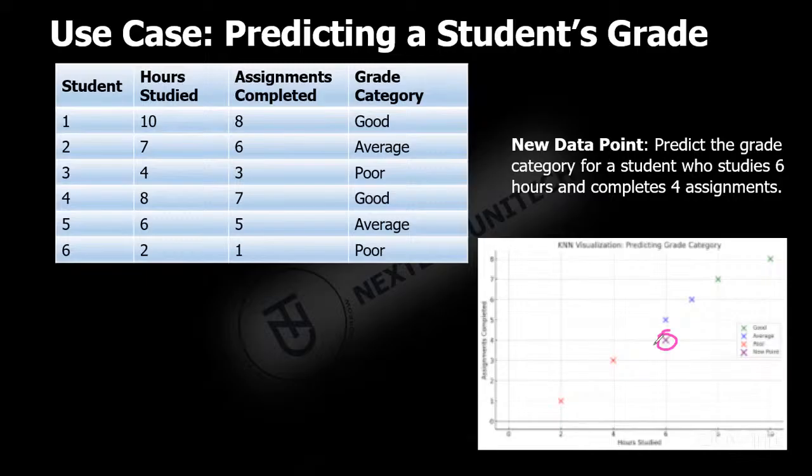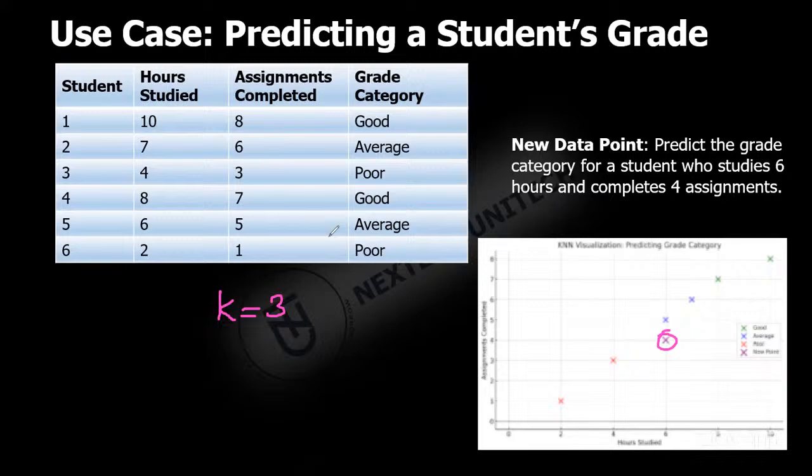Now, let me start taking the distance. If I select k equals 3, that means 3 nearest neighbors. I'll start taking the distance from the new point to all the data points within the data set.